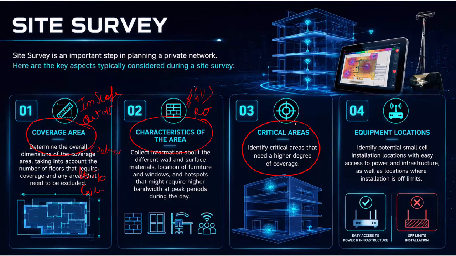We also need to identify locations where installation is allowed and where it is not allowed. This is very important, and we have to check various other things like power, backhaul, and accessibility, right? Sometimes the customer may have restricted areas, architectural limitations, safety requirements, or other constraints. So we should document everything during our site survey.